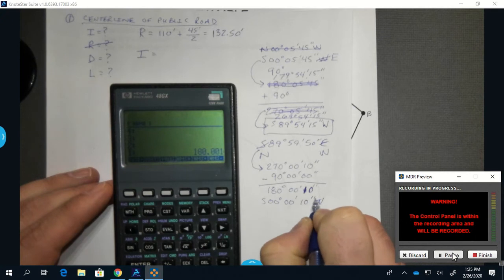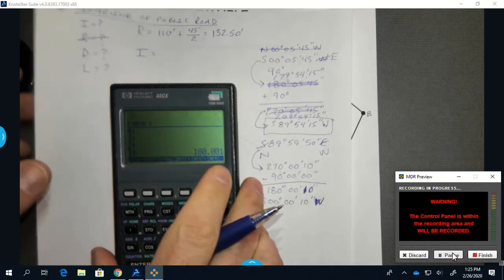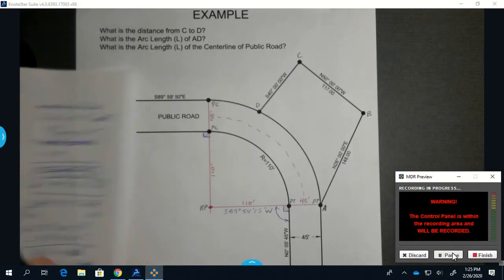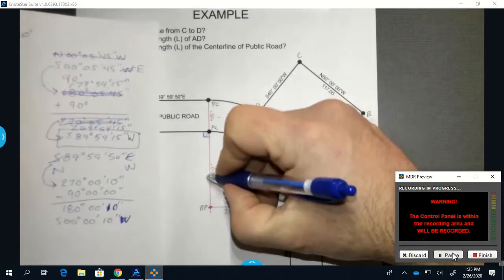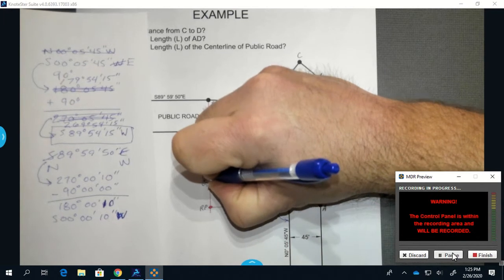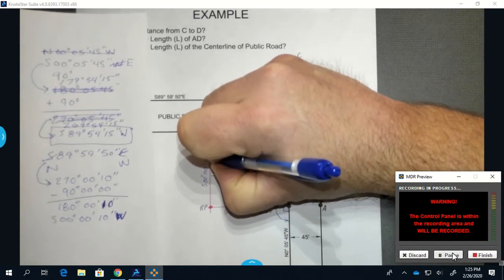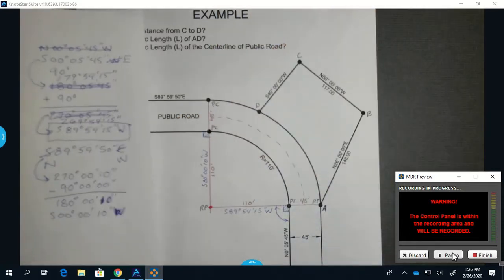Because it's over 180, so it's a west. Okay? All right, so let's take and populate that on there. This line here now, we just figured it out, is south, 00 degrees, 00 minutes, 10 seconds west.